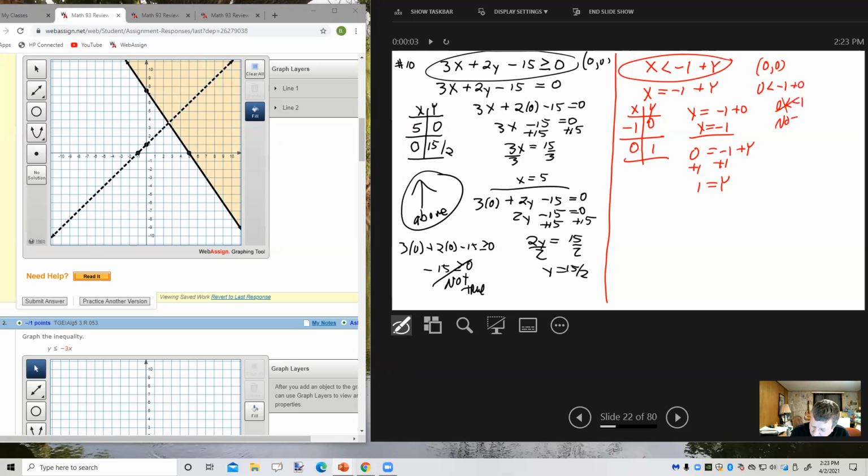That's not true. So 0, 0 is not a solution to the dashed line, which means we're going to be on the other side, so up there. So that's going to be above as well.